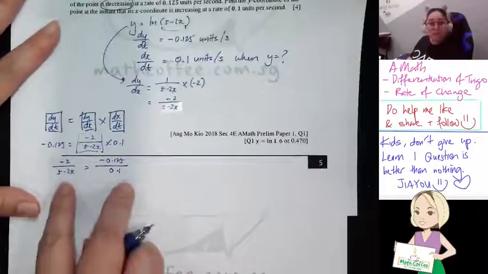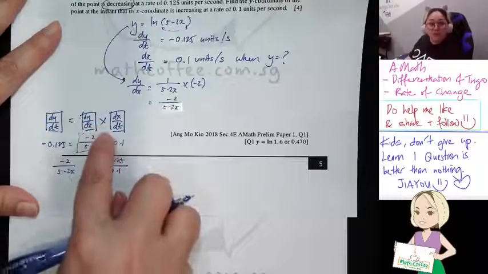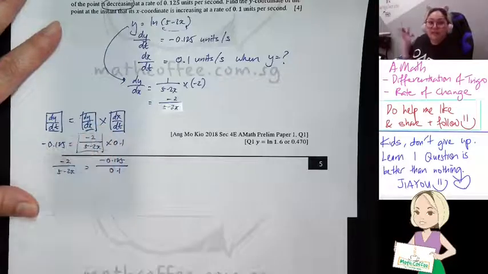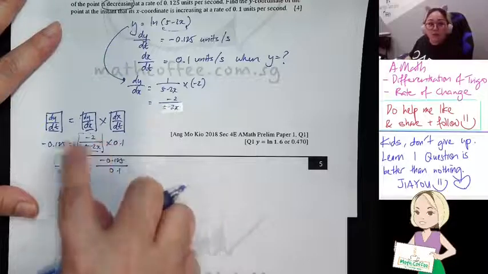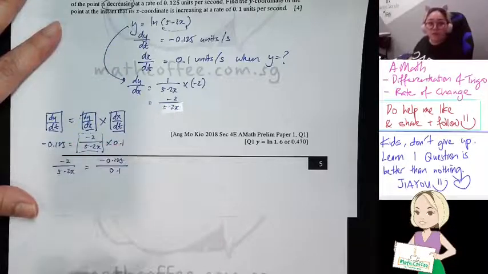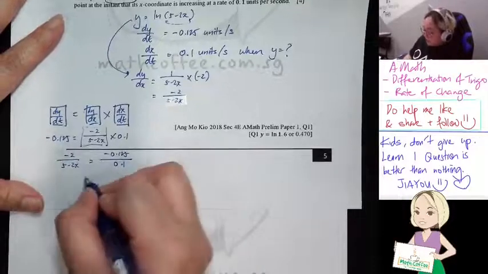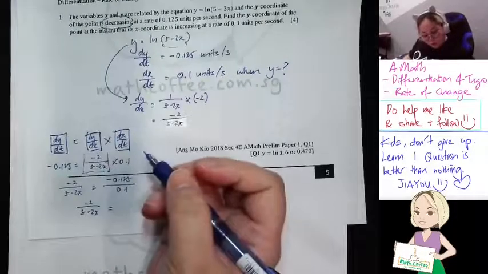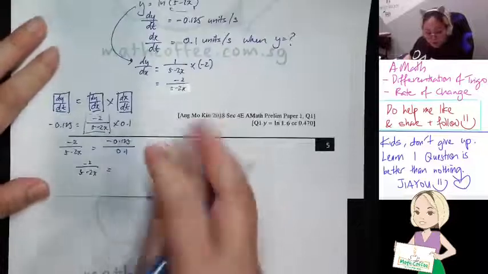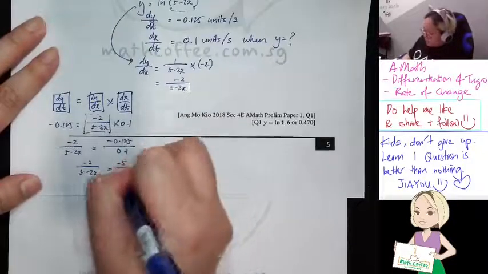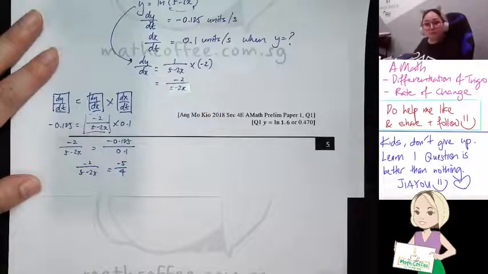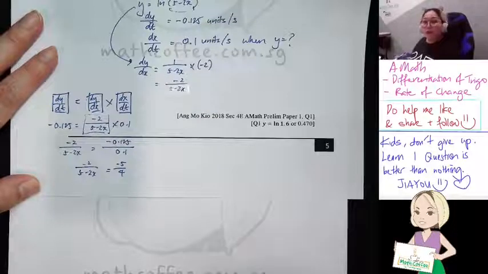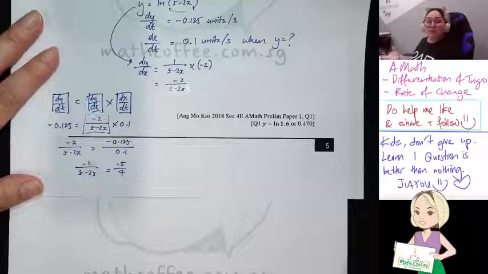Everyone see that? This one is like a big x. If I want to solve this, I will take this divided by 0.1. So in the end, I get minus 2 over 5 minus 2x equals, when you press the calculator, negative 5 over 4. So now it becomes two fractions equal equation.